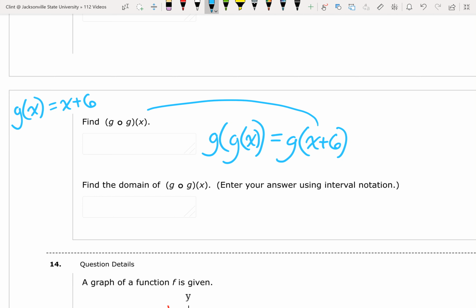Now we want g of x plus 6, so we're going to plug x plus 6 into x, so we'll have x plus 6 plus 6. And when we combine like terms, we get x plus 12, 6 plus 6. And don't worry about the domain.